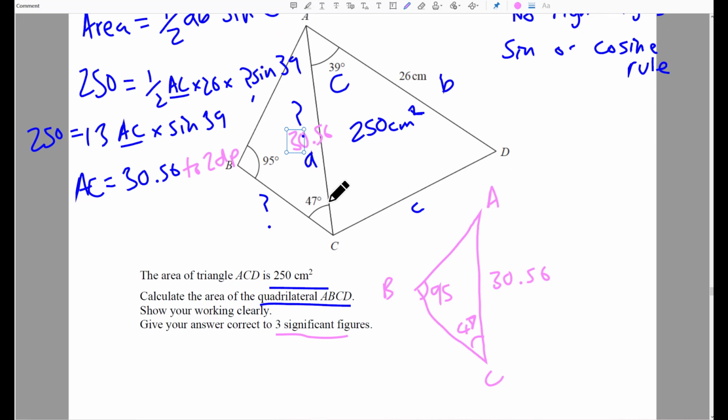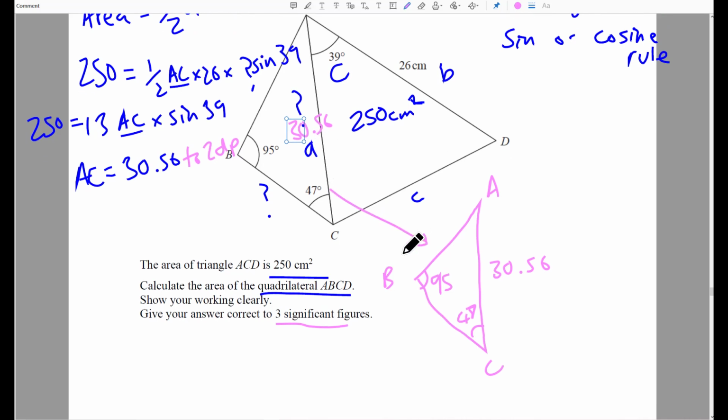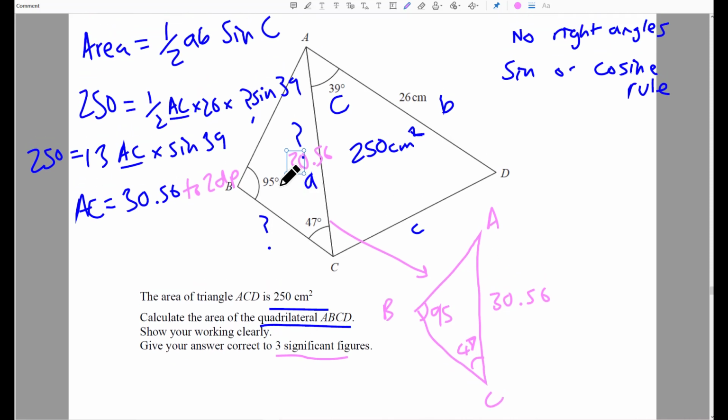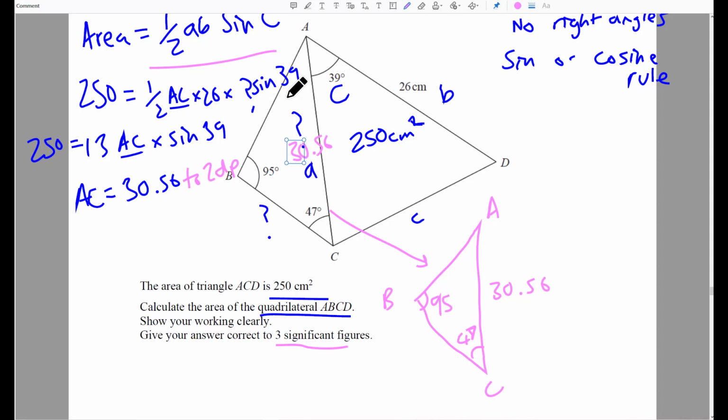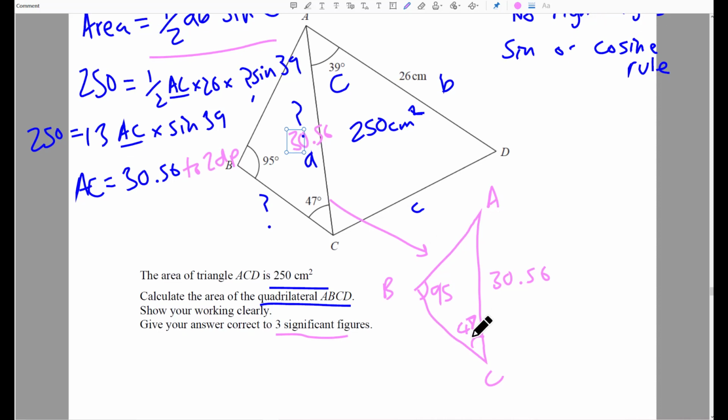So I'm just drawing this triangle out here. So we've got 30.56. Now, to work out this area, we need to use this half AB sine C formula. So we need another length. Okay, we've got C here. Actually, these letters work nicely now.